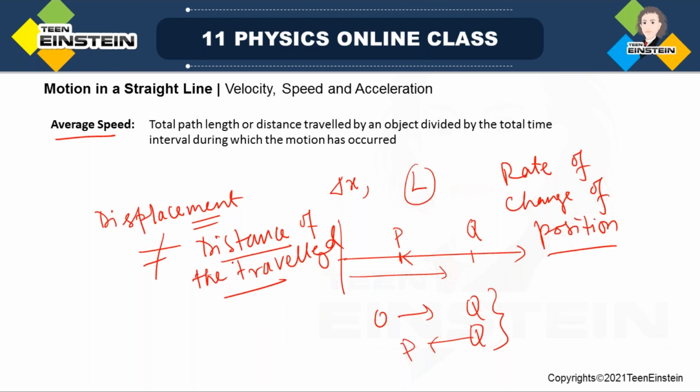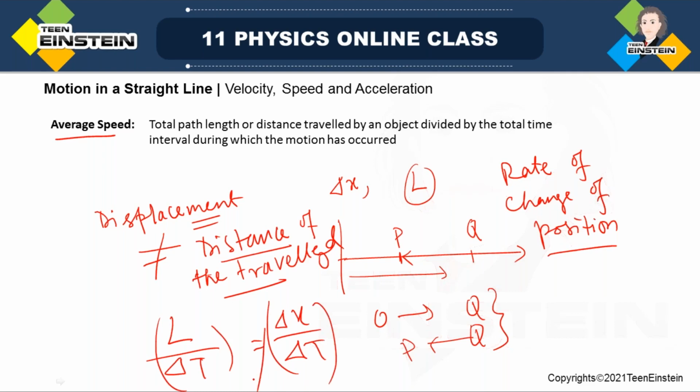If we just want to see the rate of change of the total path length over a time interval, then it is not the same as the displacement over that time interval. That means your average velocity is not equal to this quantity. So we'll be defining this quantity as average speed.